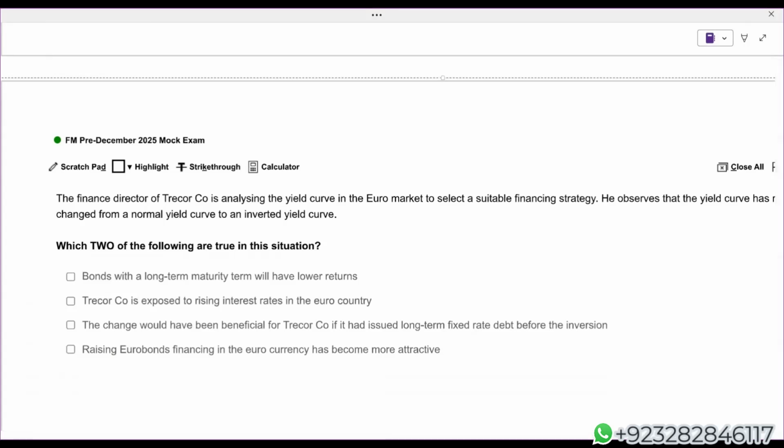The finance director of Tracor company is analyzing the yield curve in the euro market to select a suitable financing strategy, how to raise the finance.